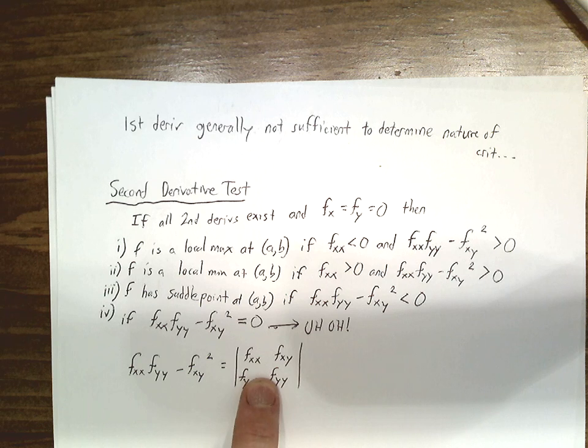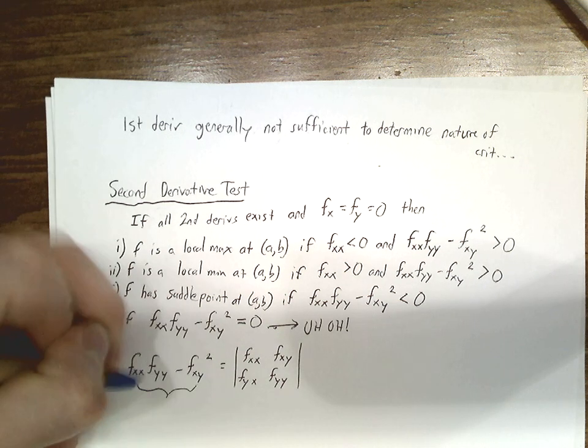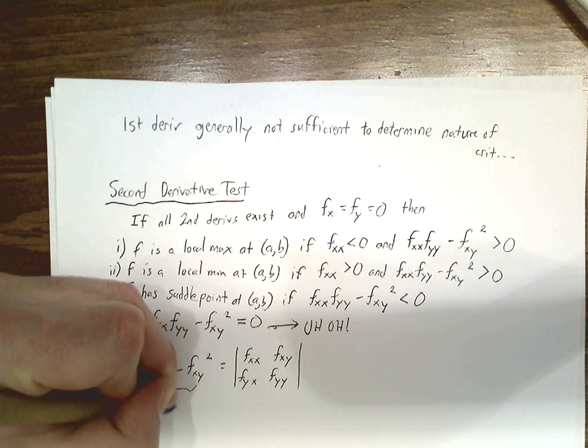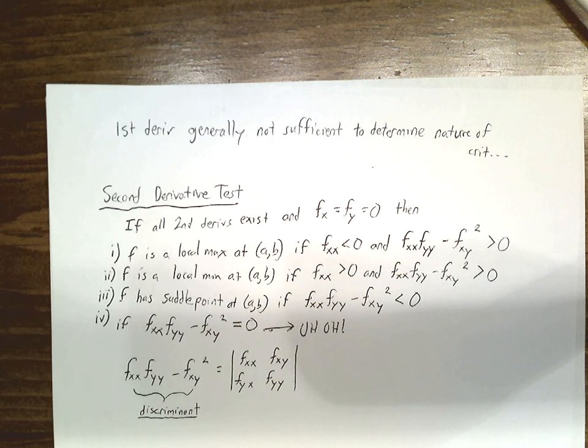Take the first diagonal, fxx times fyy, and subtract the product across the other diagonal, fxy squared. Remember, these are always going to be equal. This quantity, we take it using a determinant, but itself is called the discriminant. So hereafter, I will call the strange quantity the discriminant.